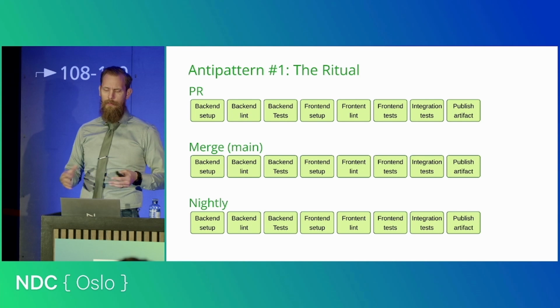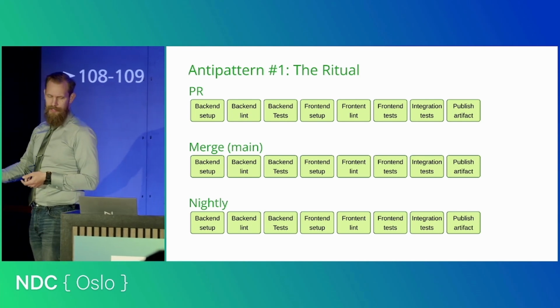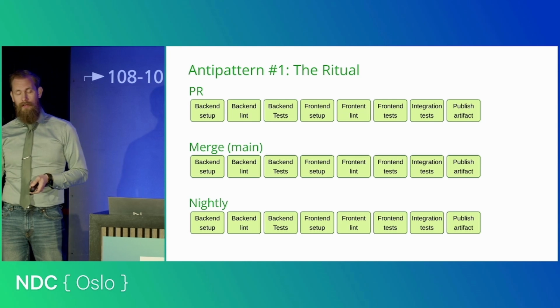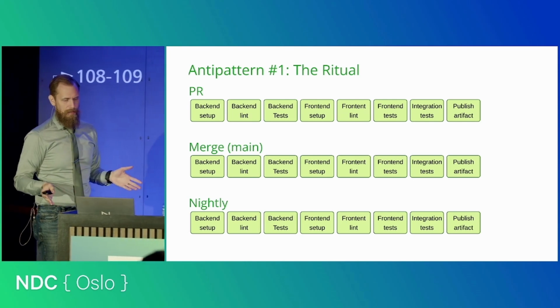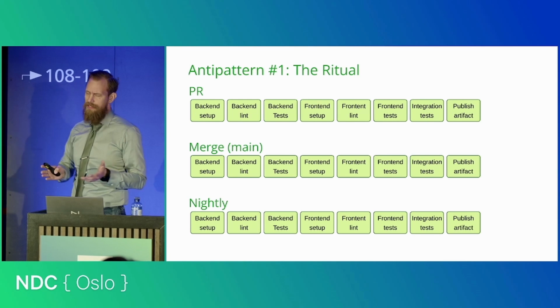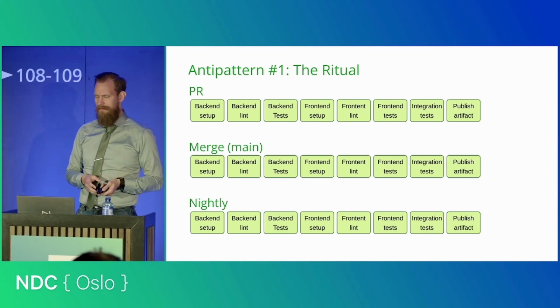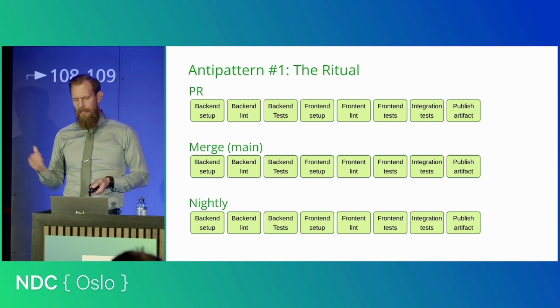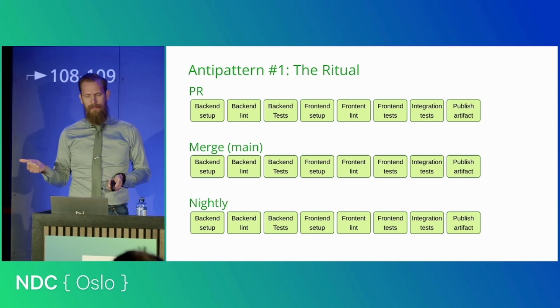We build everything, we test everything, and then we publish the results. So now we have three pipelines running, or we have one pipeline running 3 times, quite a lot, that does all the things all the time. If we look at this, we can see that there's a lot of things we do here that are not quite useful. We don't really need to publish an artifact after our pull request. That's a bit unnecessary.